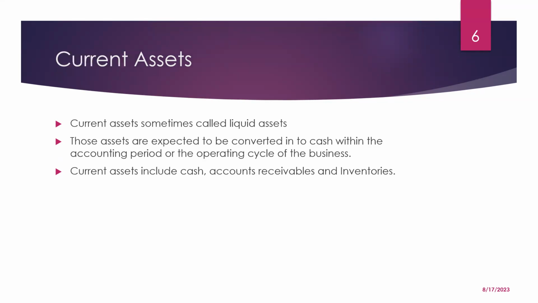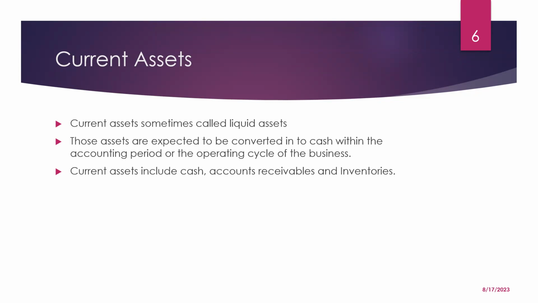And the next category is the current assets. So what do you mean by current assets? A current asset is sometimes called a liquid asset. So what do you mean by liquid? Liquid in the sense we can convert those assets into cash very easily, without incurring any loss.